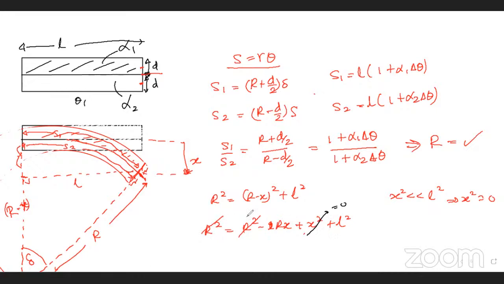And this part then goes to the other side, that is 2Rx. So then you can write x equals L square over 2R. You can find R from here. So that's how we can apply linear expansion for the bimetallic strip.